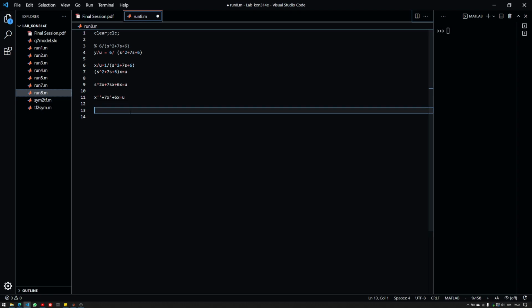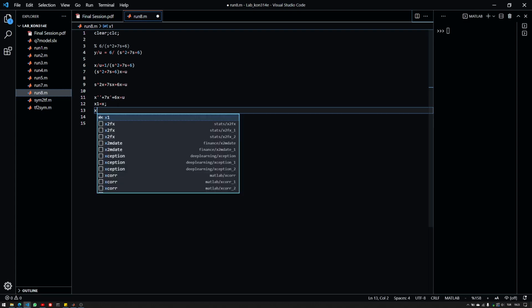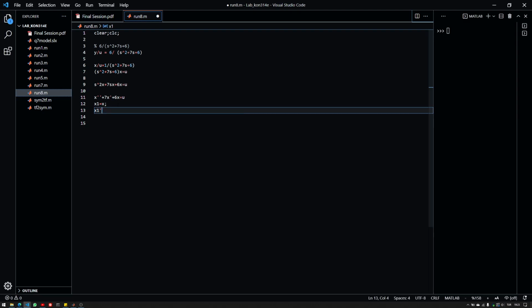So the way of converting a second order or nth order differential equation into a state space model is as follows. You take the constant term here, the one that has no derivative, and define it as a new variable, let's say x1, since we will have multiple x's in here. Now, if you take the derivative of x1, then you have a new variable, and we will call it x2.